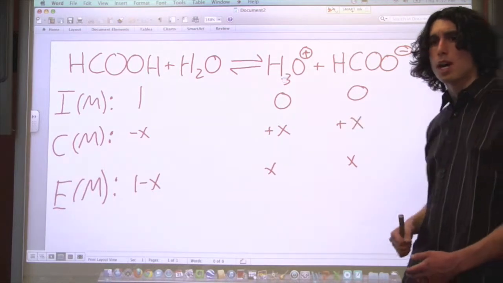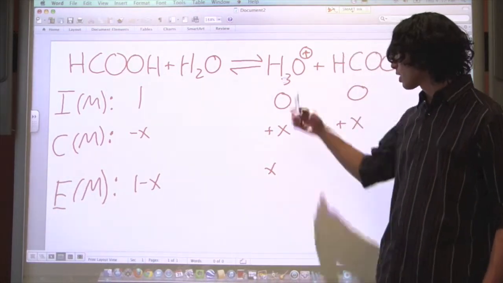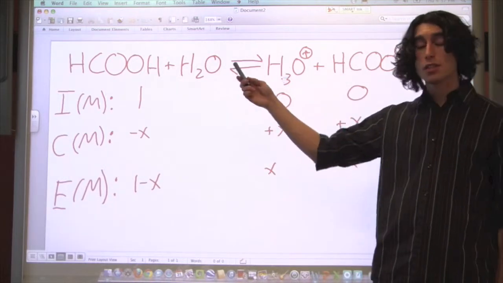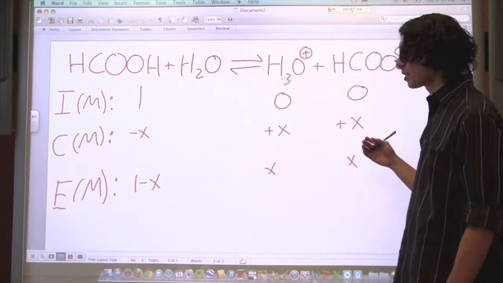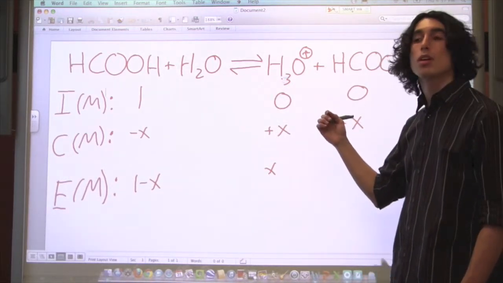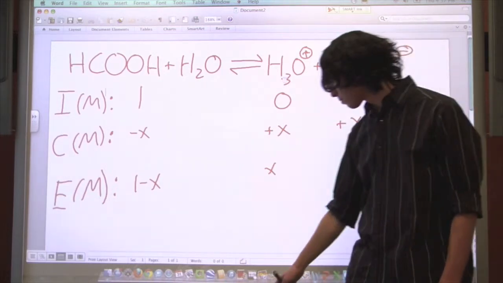So what does this table tell us? Well, it gives us the concentration of each of these substances, these ions, at equilibrium.